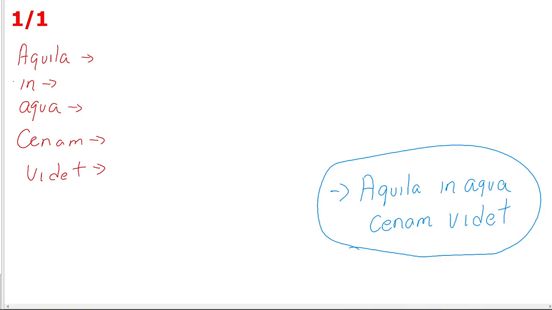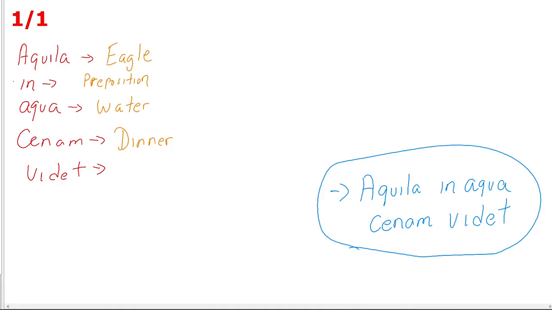So, what does Aquila mean? Aquila is eagle. In would be a preposition. Aqua is water. Then cenam and videt.